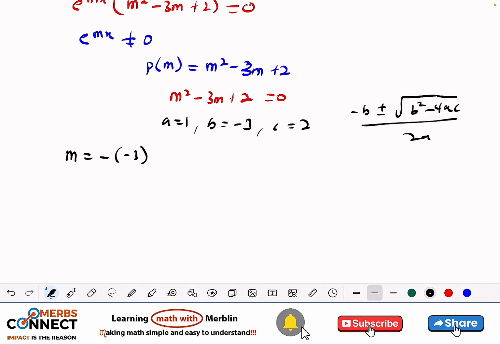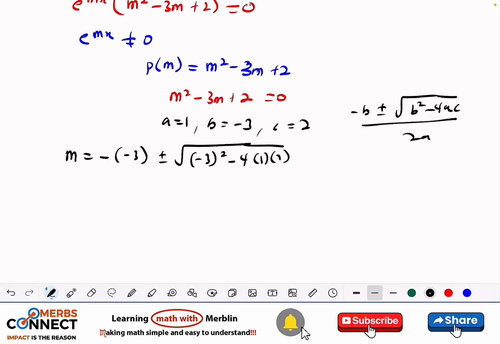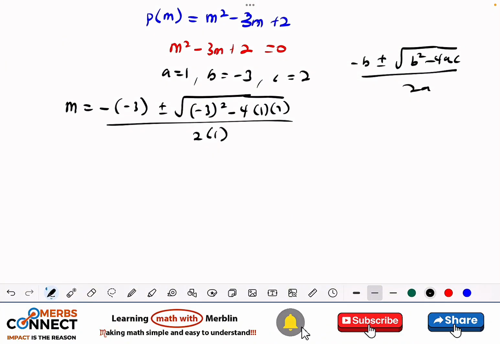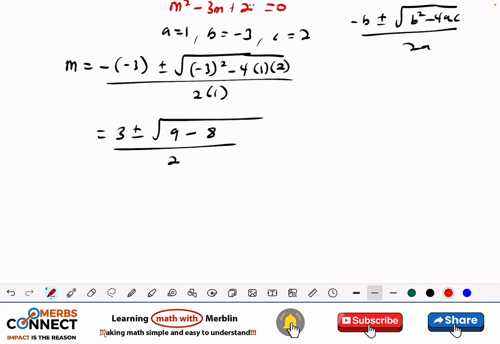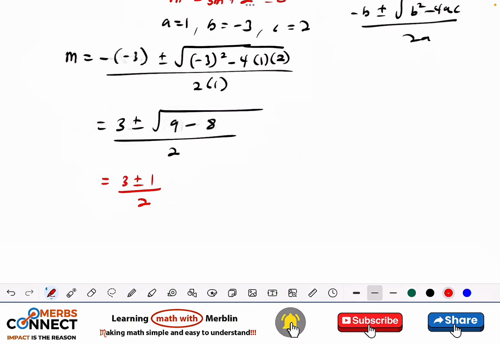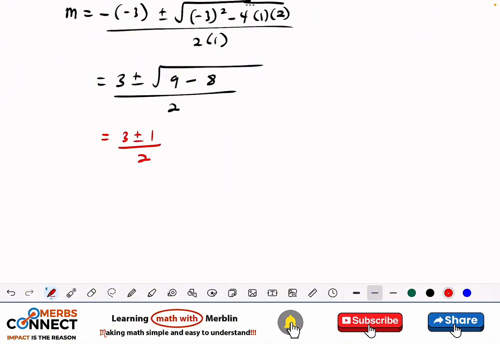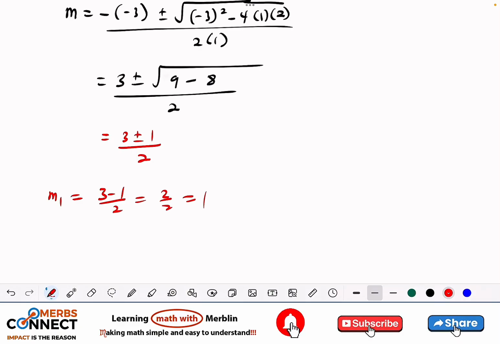We are just doing substitution from there: 3 plus or minus square root of minus 3 squared minus 4 times 1 times 2, all divided by 2 times 1. This is going to give us 3 plus or minus square root of 9 minus 8, divided by 2. This gives us 3 plus or minus 1 divided by 2. So m1 will be 3 minus 1 divided by 2, which is 2 divided by 2, and this is 1.